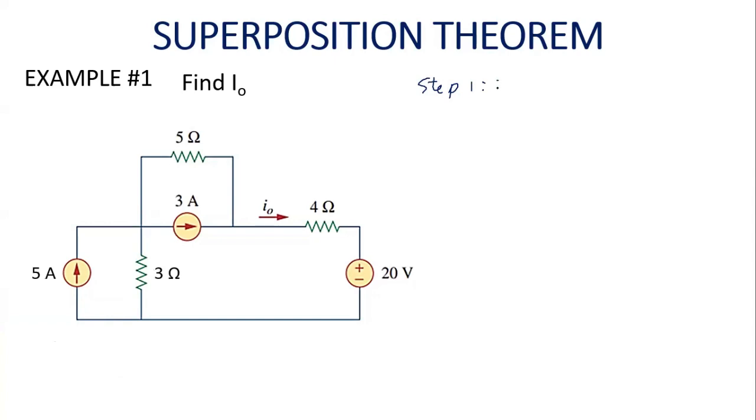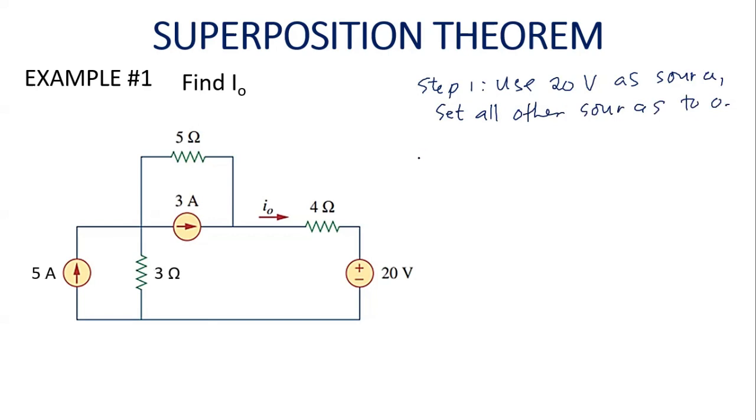Assuming that we are going to use the 20 volts as the source and set all other sources to 0, let's draw the equivalent circuit.